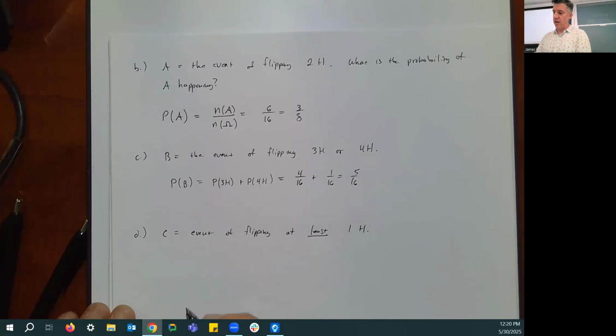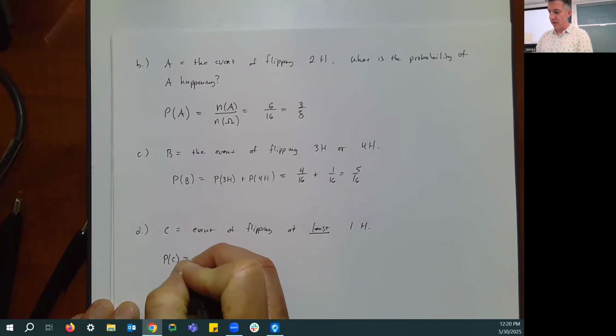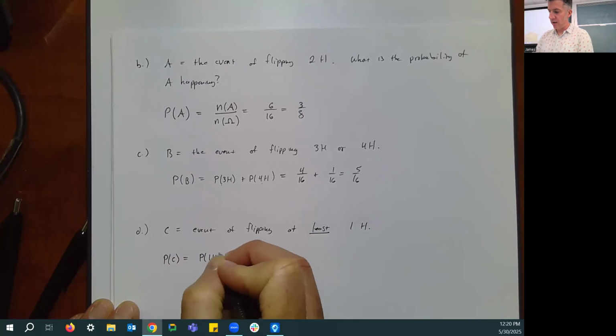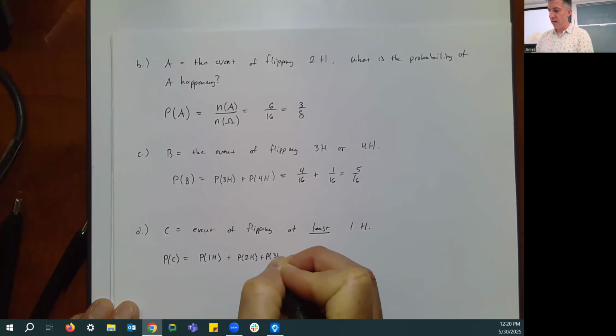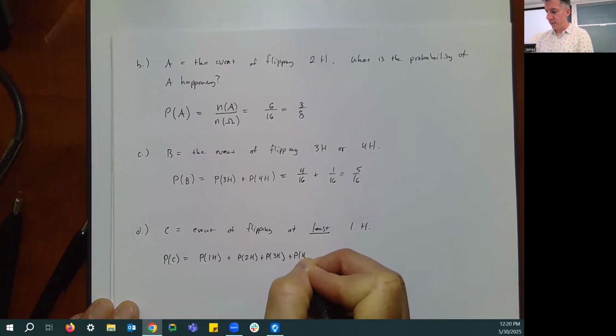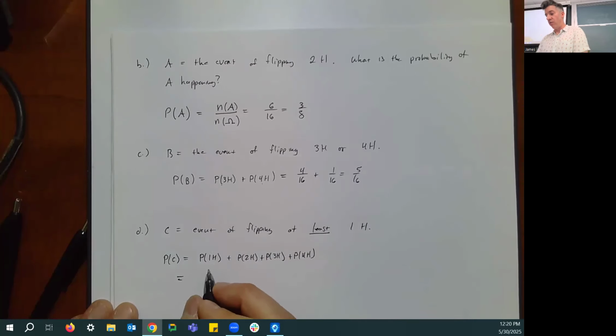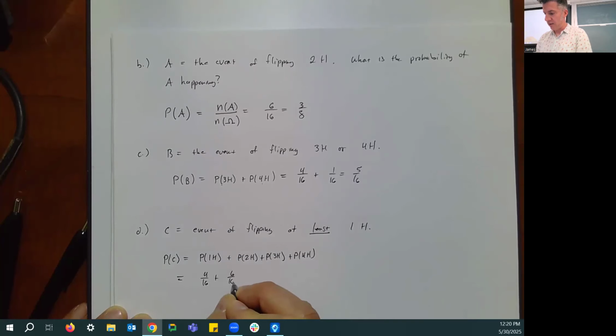So one way we could do this is say, well, the probability of C is just going to be the probability of one head plus the probability of two heads plus the probability of three heads plus the probability of four heads, which is going to equal, let's see, the probability of one head was, I forgot, there's four ways of getting one head, I think. Yes, so it's going to be 4 out of 16 plus 6 out of 16 plus three heads is four ways out of 16 ways plus four heads is one way out of 16 ways. And if you add that up, you get 15 out of 16.